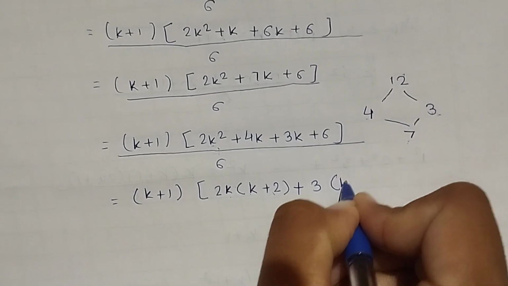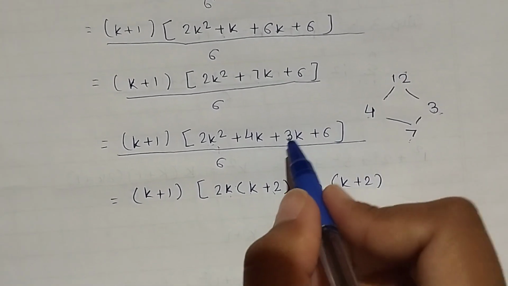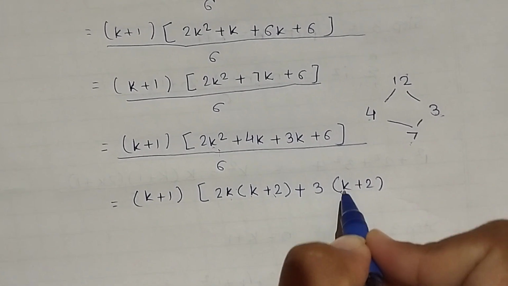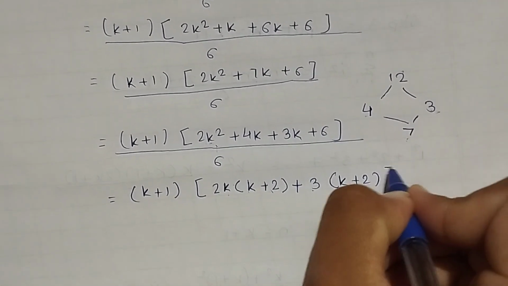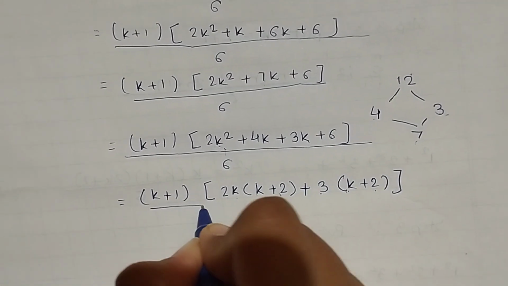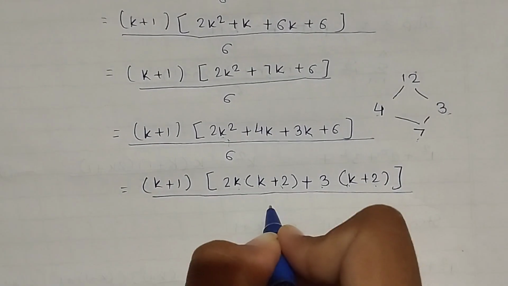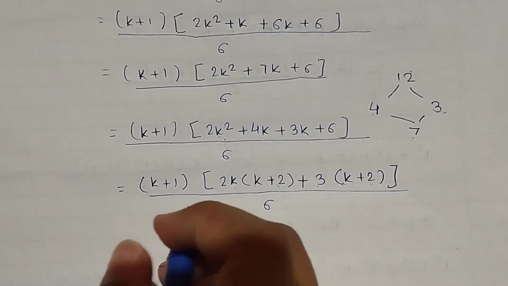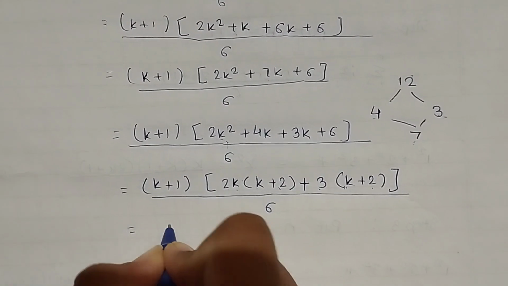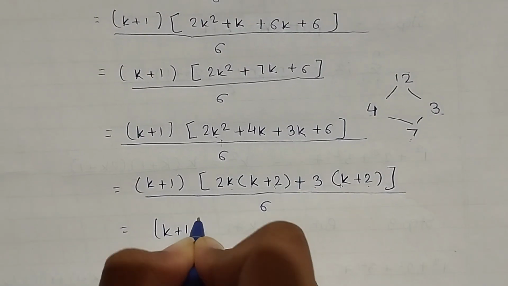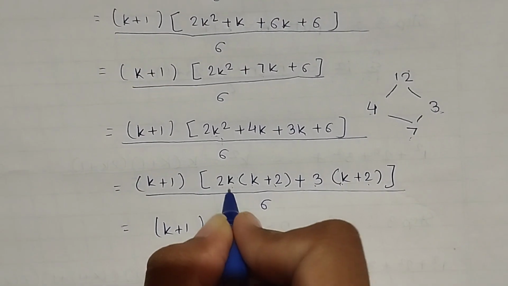So 3 into k plus 2: 3 into k is 3k, and 3 into 2 is 6. So in this way we simplify the quadratic equation.